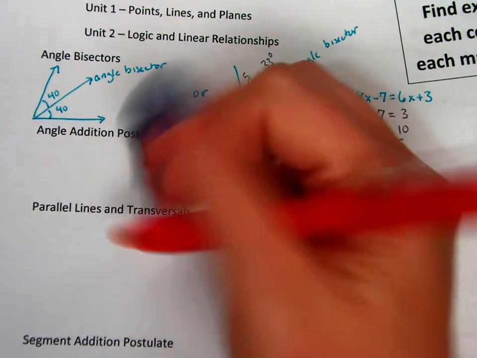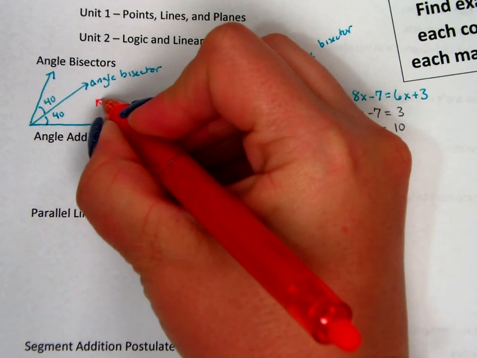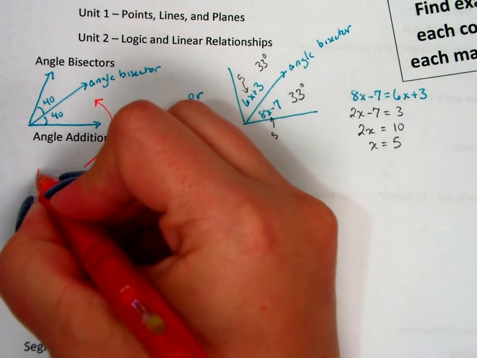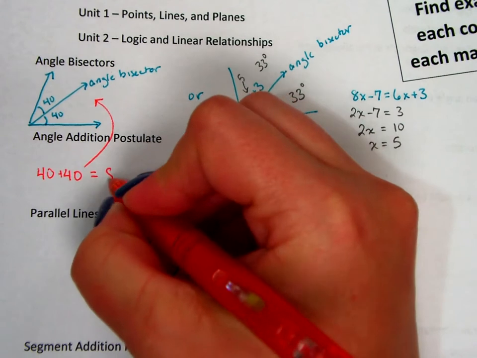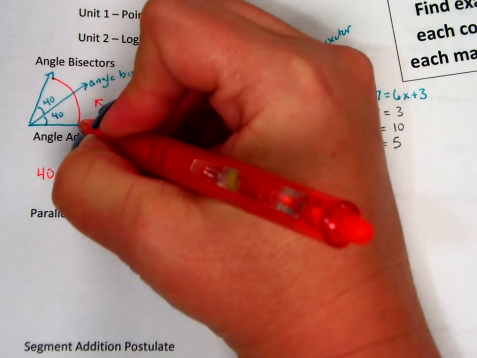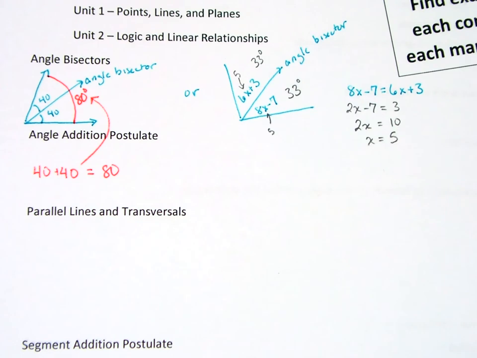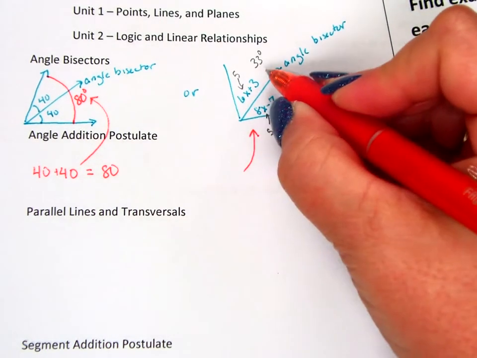The whole angle, right? So for example, if I look at this one, angle addition postulate says if you have an angle that's divided into smaller angles, you can add those smaller angles together to get the whole angle. So if I do 40 plus 40 for this one, I'll know that whole angle is 80 degrees. Same thing over here on this one.